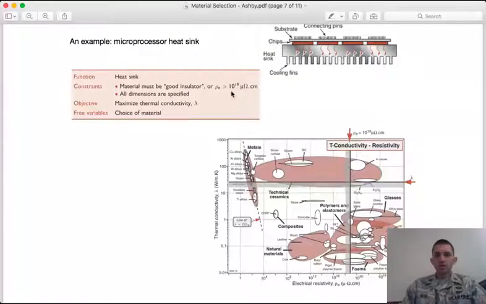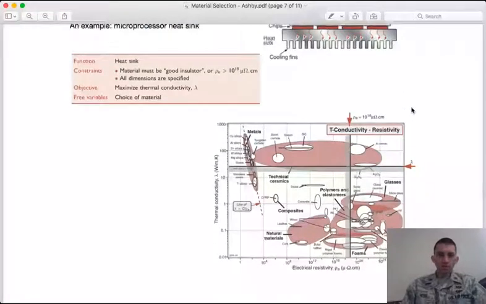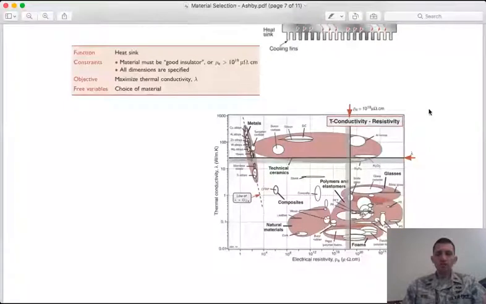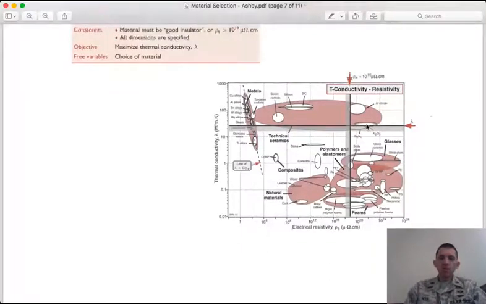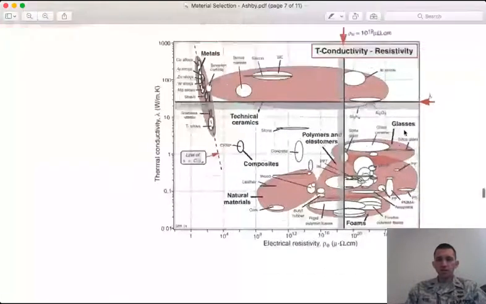So we have a minimum resistivity necessary to isolate the semiconductor device, and then within that we want to have the highest thermal conductivity that we can, to make the best heatsink and to pull away as much heat as possible. So within those constraints and looking to that objective, we have some freedom, and that freedom would be the choice of material.